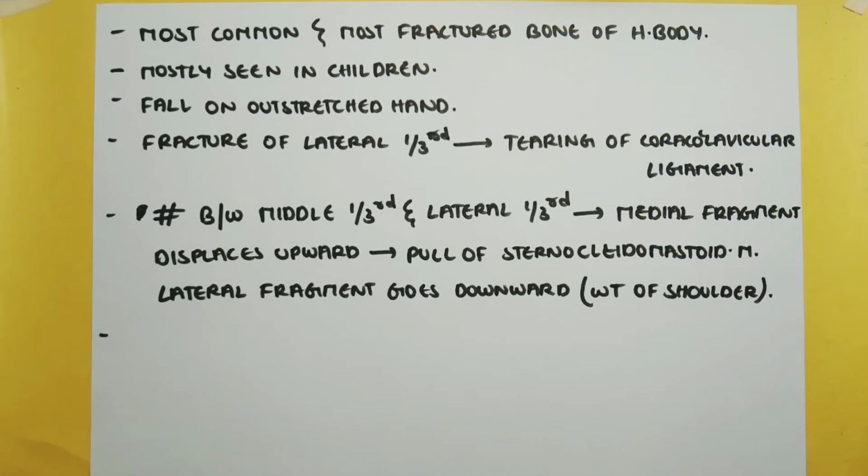Now here are two pictures. In these two pictures you can see that the medial part of the clavicle moves upward and the lateral part remains downward.